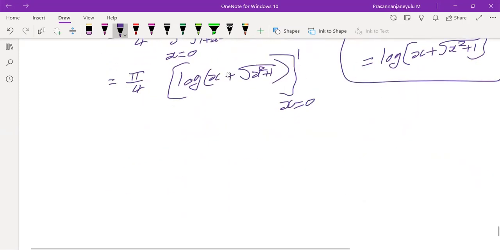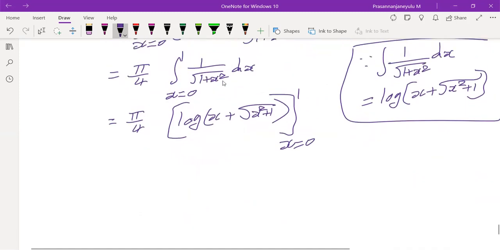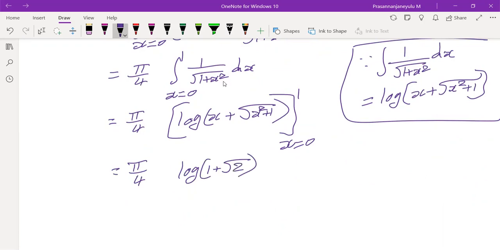We get pi by 4 into log of 1 plus root of 1 square plus 1, which is nothing but root 2. Minus, apply the lower limit. We get log of 0 plus root 1, which is nothing but log 1. What is the log 1 value? 0.